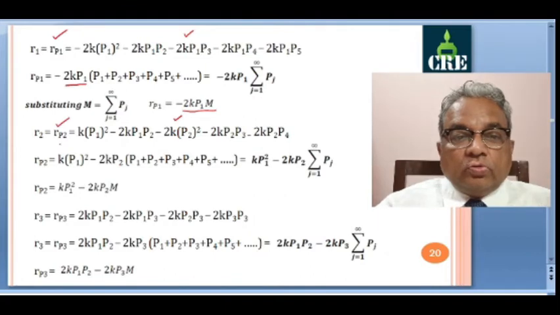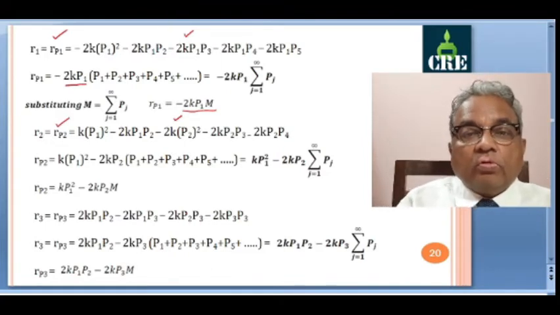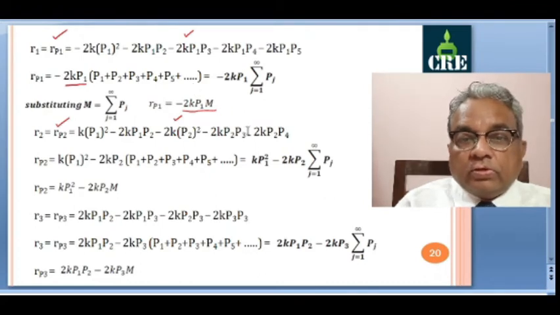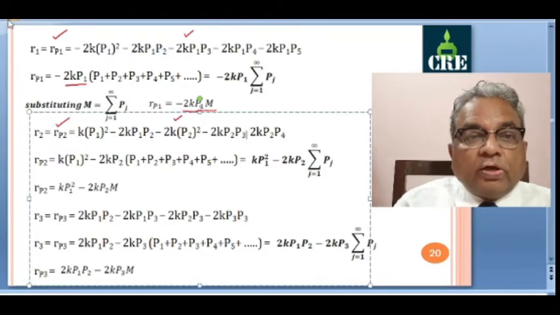So k P1 square minus 2k P1 P2 minus 2k P2 square minus 2k P2 P3 minus 2k P2 P4. This minus sign we'll write properly.